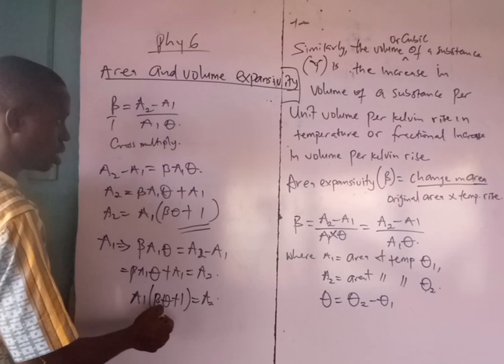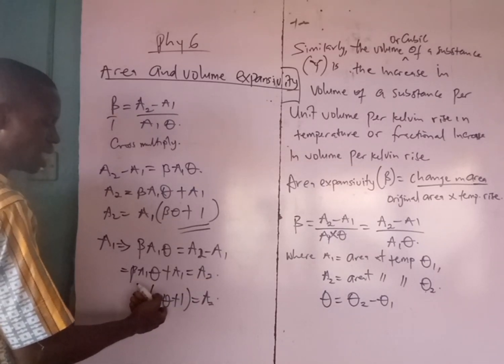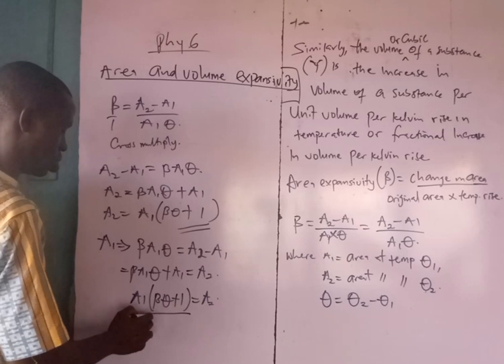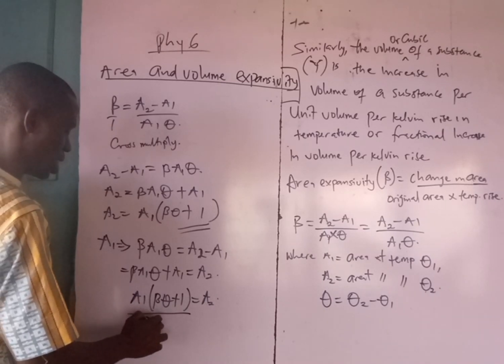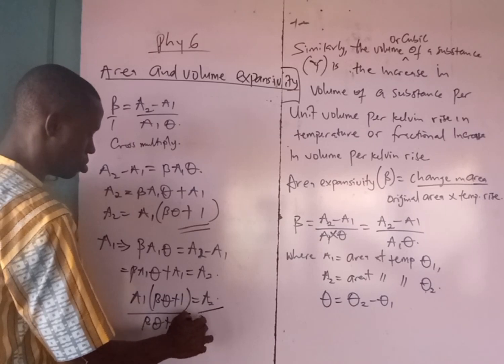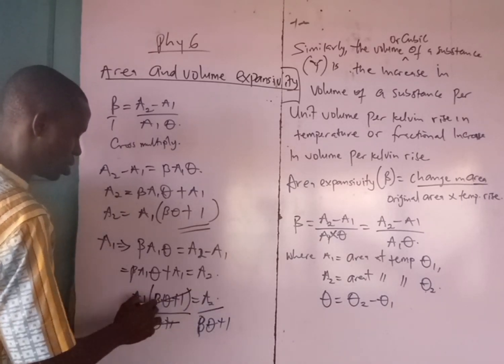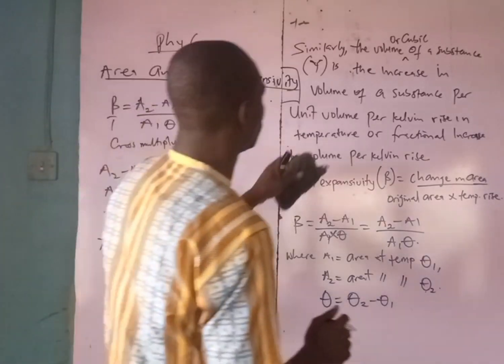Then we divide both sides by beta theta plus 1, so this cancels this one.